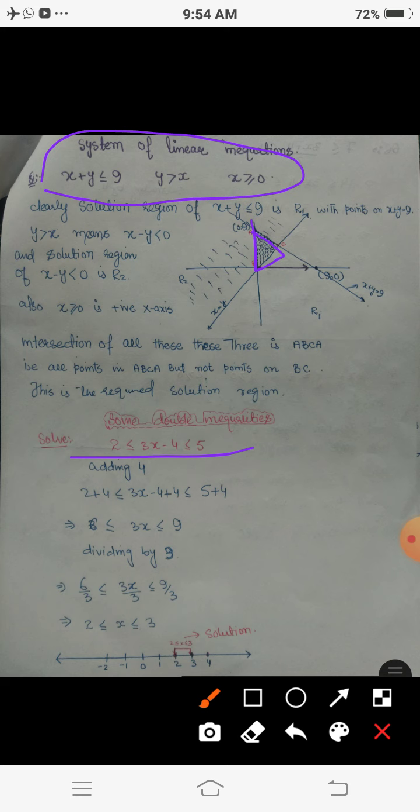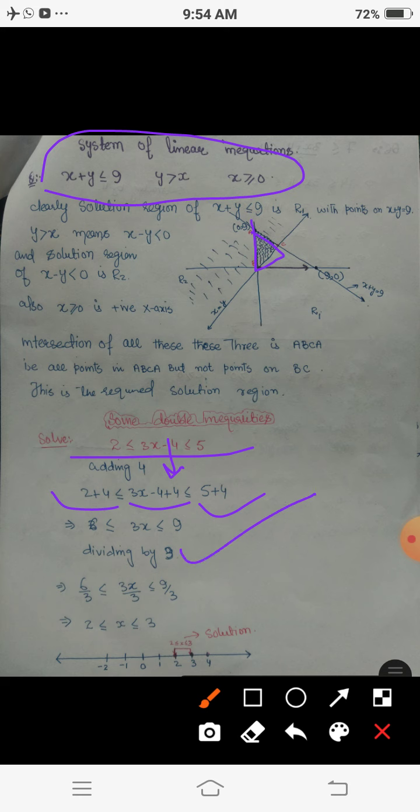We need 3x minus 4, so we have to cancel this 4, which means adding 4 on each and every side of this inequality. That is, 2 plus 4 less than or equal to 3x minus 4 plus 4 less than or equal to 5 plus 4, which is simply 6 less than or equal to 3x less than or equal to 9.